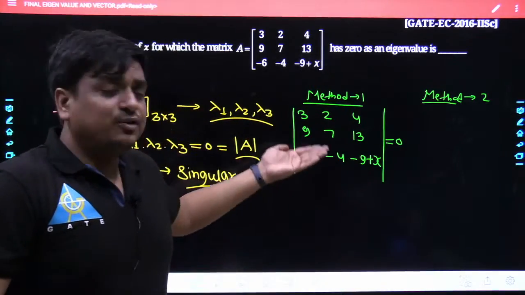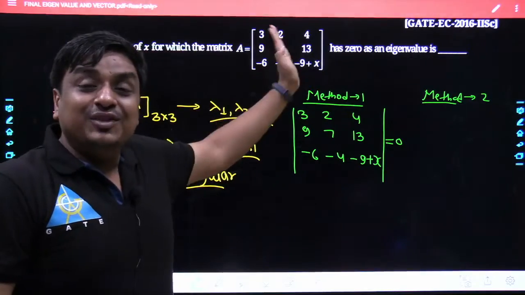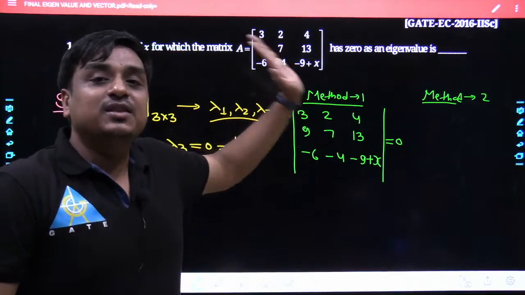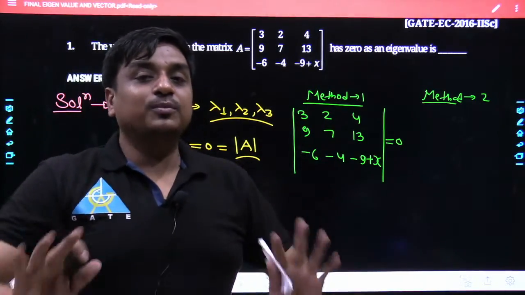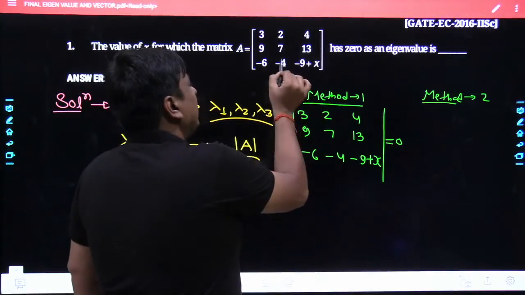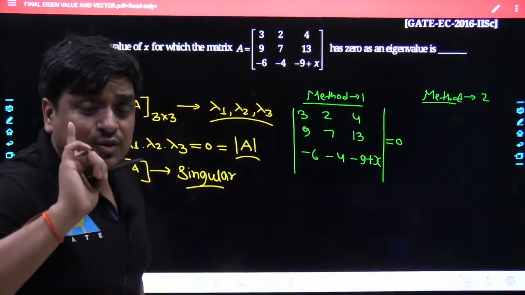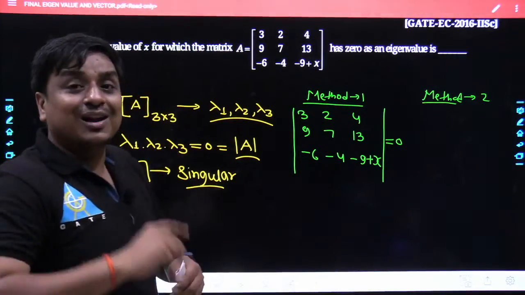If the determinant is found to be 0 for a given square matrix, the rank of this square matrix cannot be 3. Although you are seeing 3 rows, at least 1 row has been obtained just by linear dependency over the other 2.